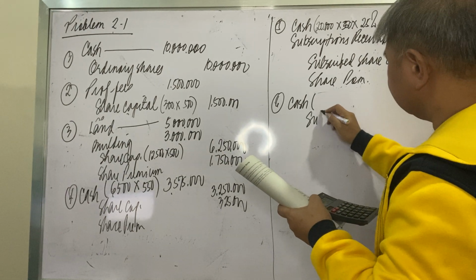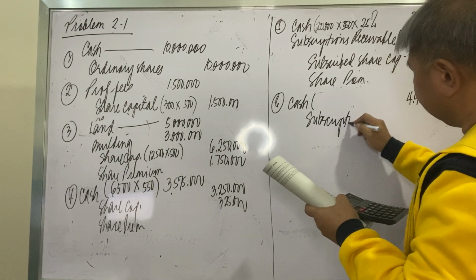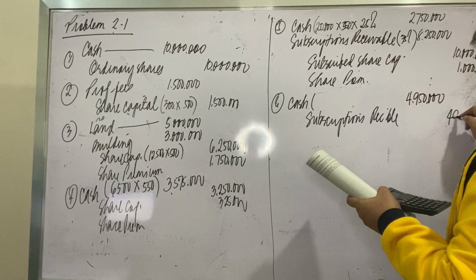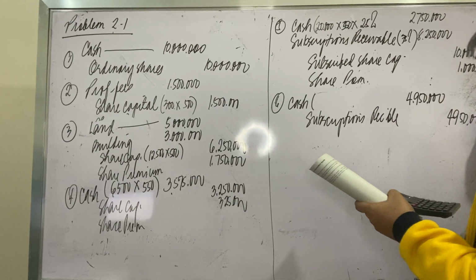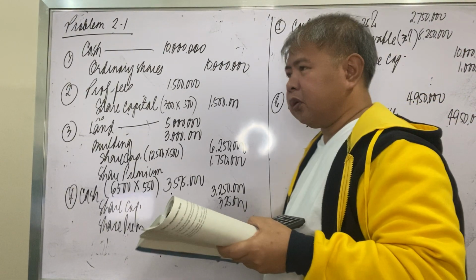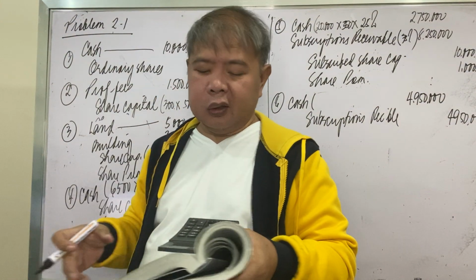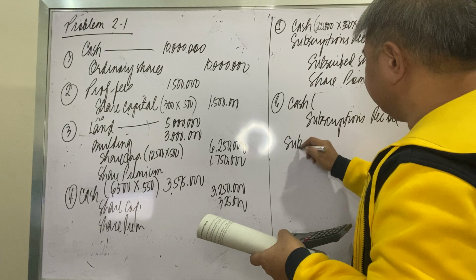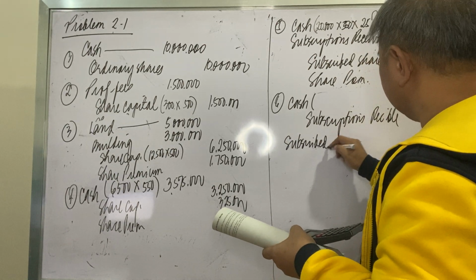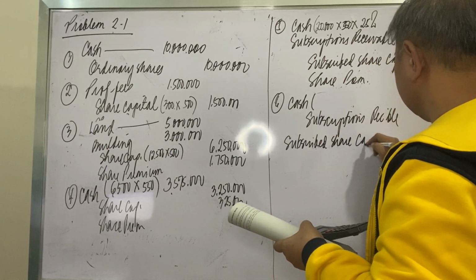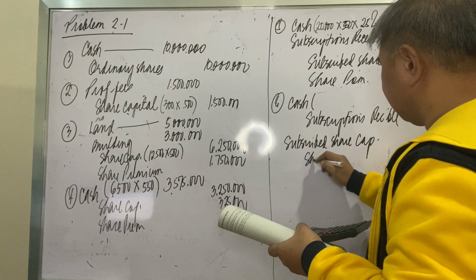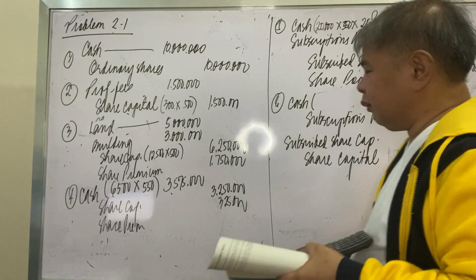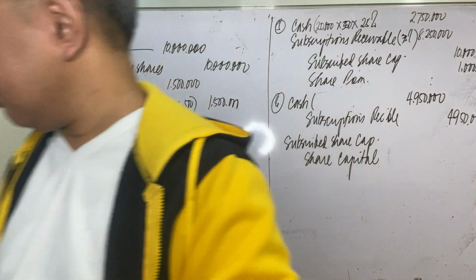And then subscriptions received. Now, since the payment for the 12,000 shares was already complete, then we can issue the shares of stock. Then we can credit share capital. Okay, so you complete please.